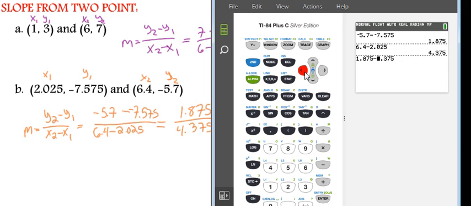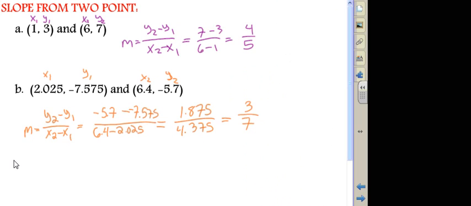Sorry about that. I get that messy decimal. You need to know how to convert decimals into fractions on your calculator, and I convert it to 3/7. Pretty easy.